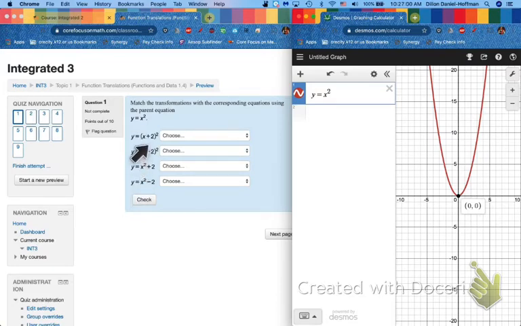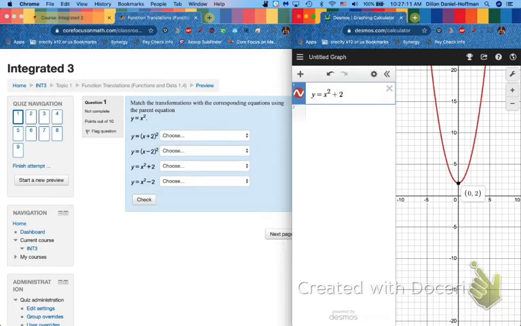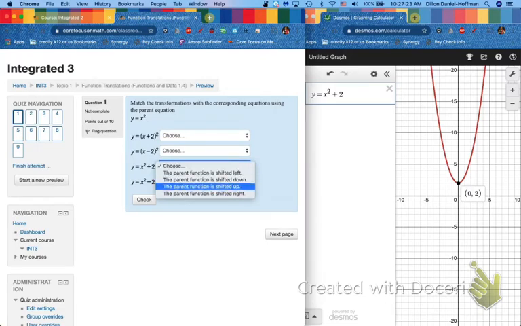So let's see. Well, I have it at (0, 0). I know that. If I was to add 2 to the outside, now (0, 2), I see that from the point (0, 0), it moves up 2. So find the one that's plus 2. It could be in any order. Don't just copy, but find it, it could be the first one, the second one, the third one, and say that it's shifted up.